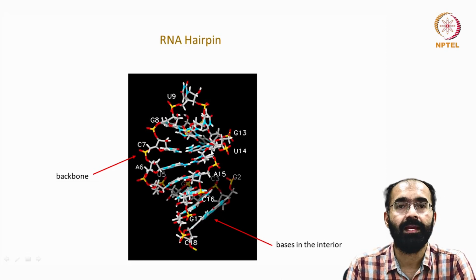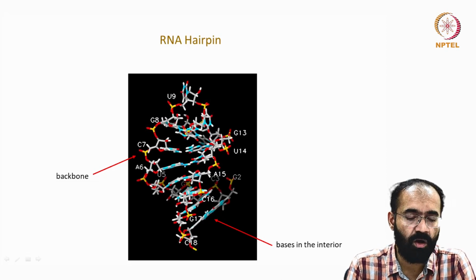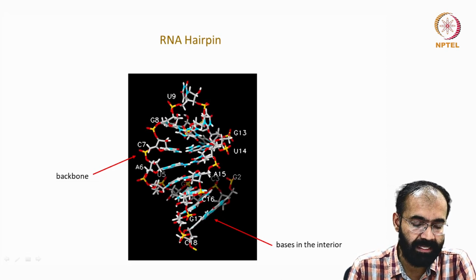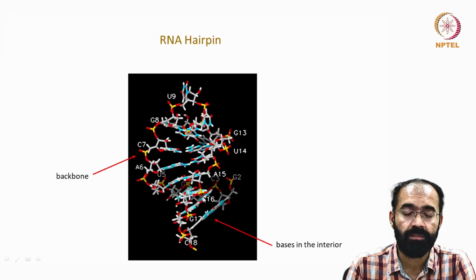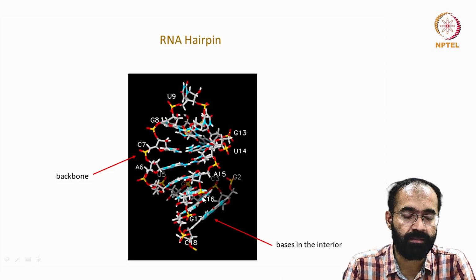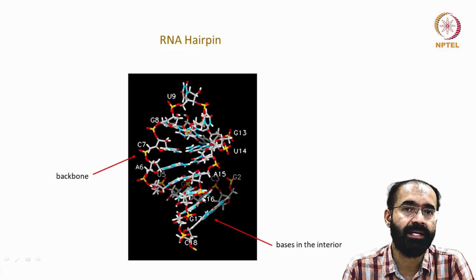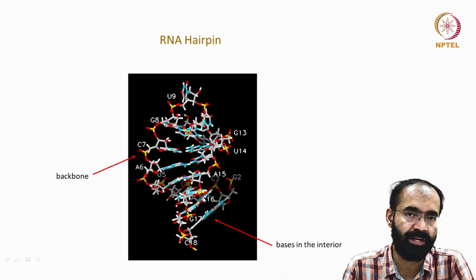This is the molecular structure of the RNA hairpin. It has a backbone, and it also has unique bases in the interior, and both are important from the structure and function point of view, because the hairpin has to form in a unique fashion, not any random fashion.